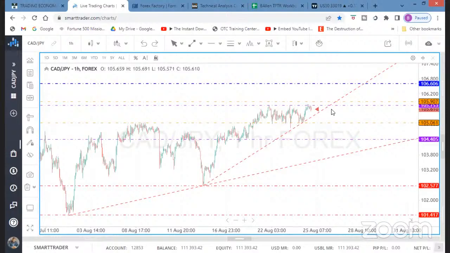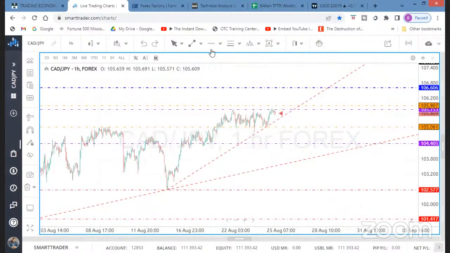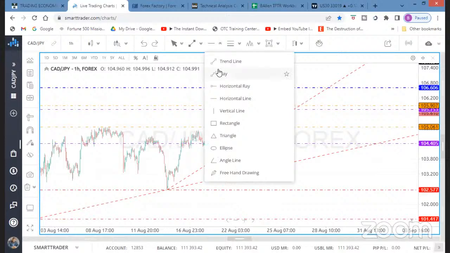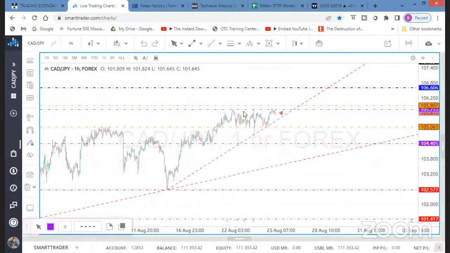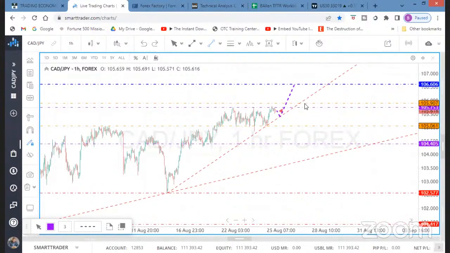And if we get there and we break, then I'm going to start looking for trend line breaks of support.